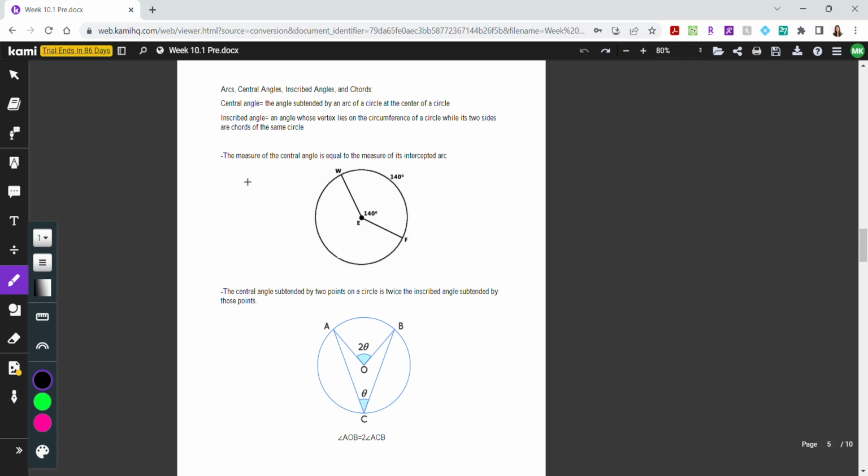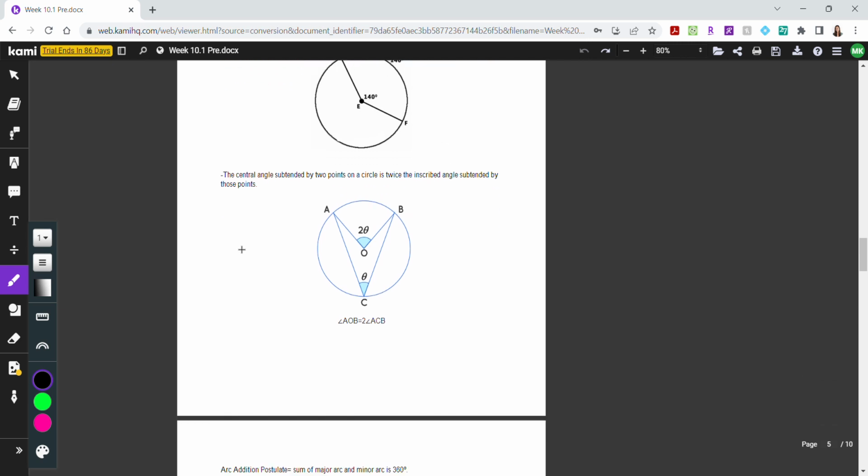The first one that we have is the measure of the central angle is equal to the measure of its intercepted arc. Because this is the arc of this central angle, if this central angle is 140 degrees, then this arc would also have a measure of 140 degrees. So if the angle is at the center, the arc will be the same.